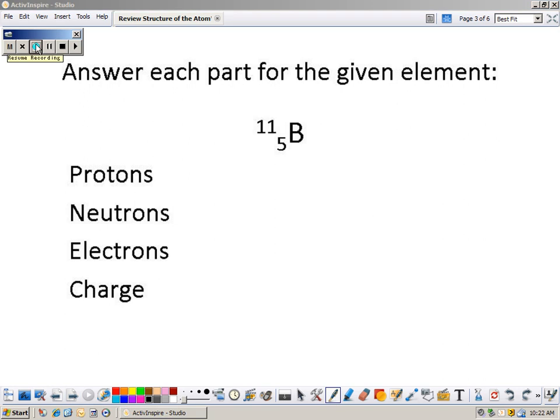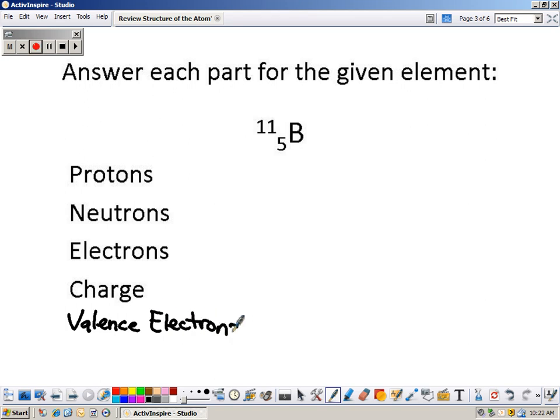Given this element, let's find protons, neutrons, electrons, charge, and actually valence electrons. Forgot about valence electrons. So how many protons do we have in boron? 5.